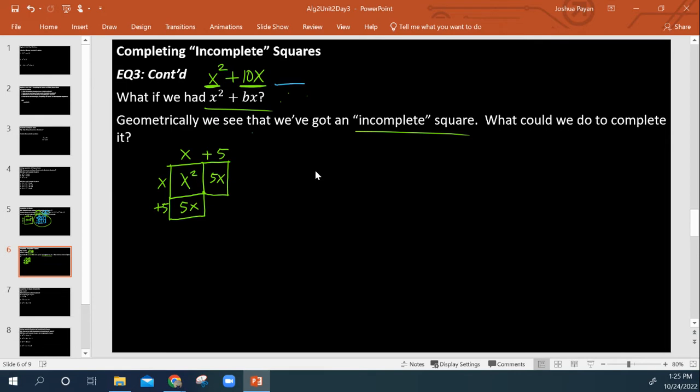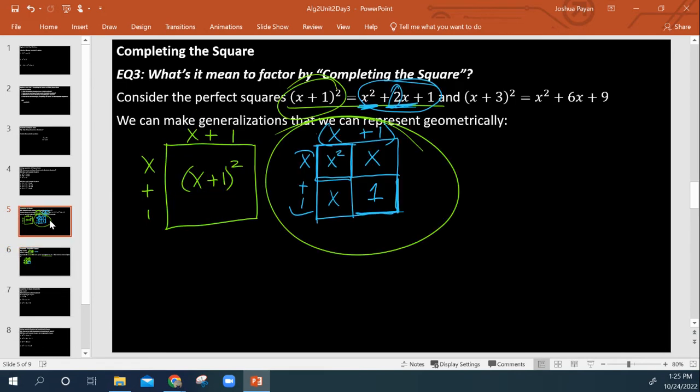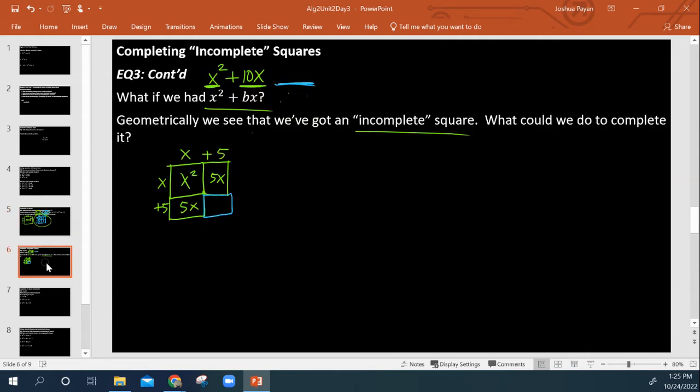Now we're missing a piece right here. We're missing this piece that we had on the last example. And we see that this missing piece is also a square, namely 5 by 5, whose area would be 25. So that's what we're missing to complete our square.